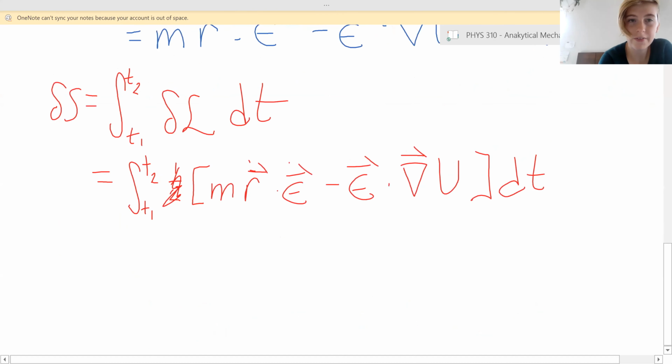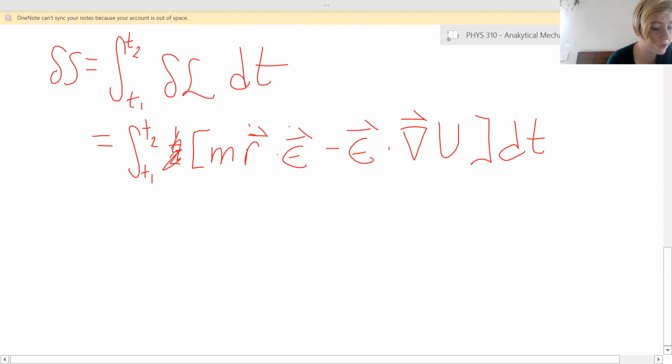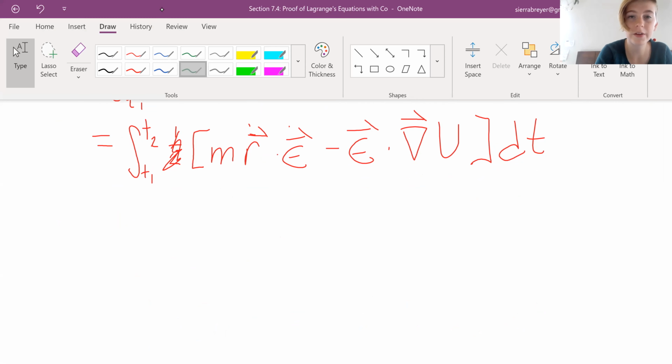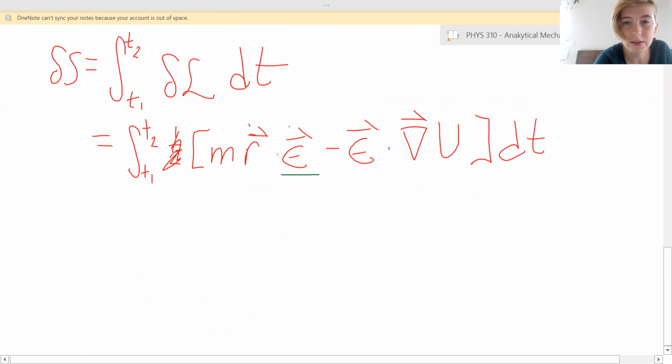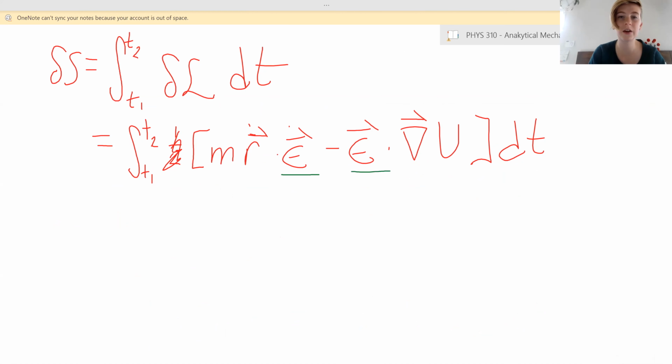So now that we have that, we're just going to look at the endpoints. At the endpoints, this is going to be 0 and this is going to be 0, because just like in 6.2, that's really our only condition for that function, that it meets the function that we want, so r, little r, at the endpoints.